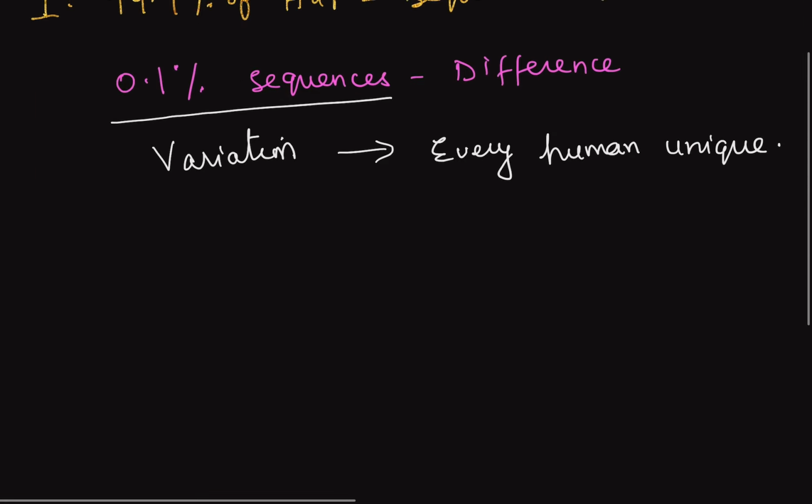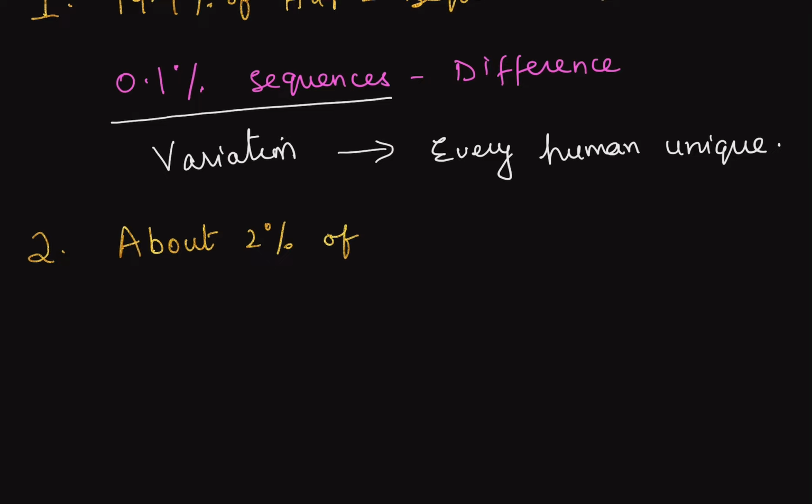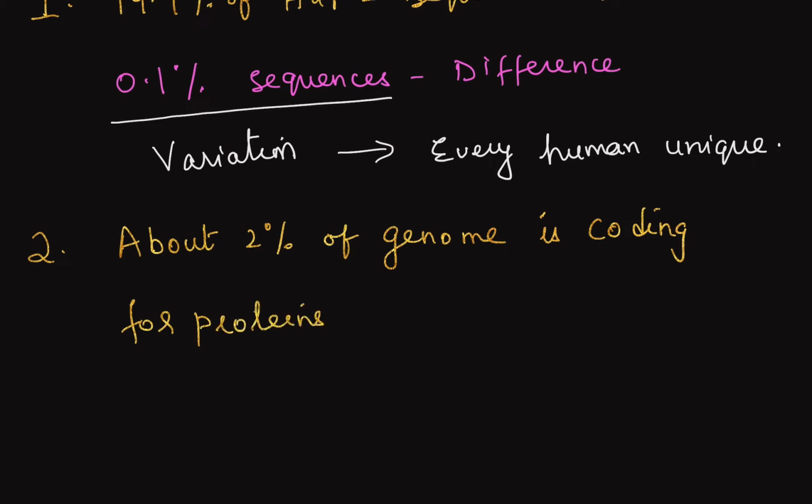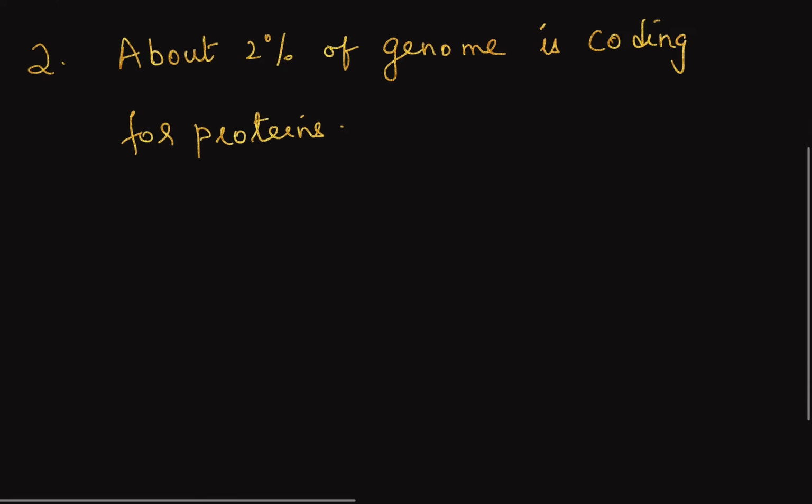And the second major information that we derived from HGP is that out of the total genome, about 2% of the genome is coding for proteins. Then what is happening with the rest of the 98% of DNA?